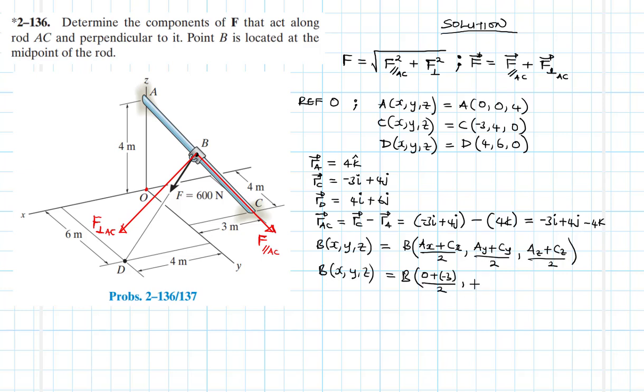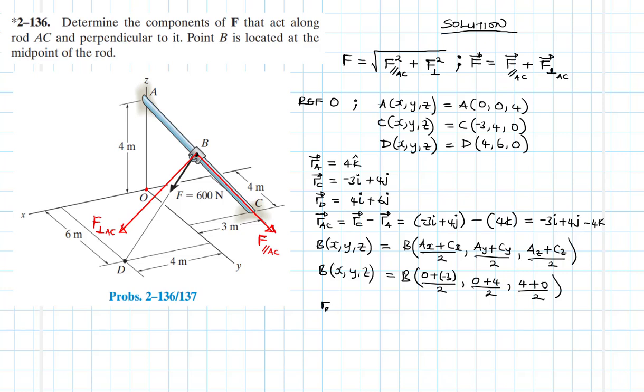Comma, AY is 0 also. CY is 4, so it will be 0 plus 4 divided by 2, comma. AZ is 4, plus CZ is 0, divided by 2. So these are the coordinates. From these coordinates we are able to rewrite now the position vector.